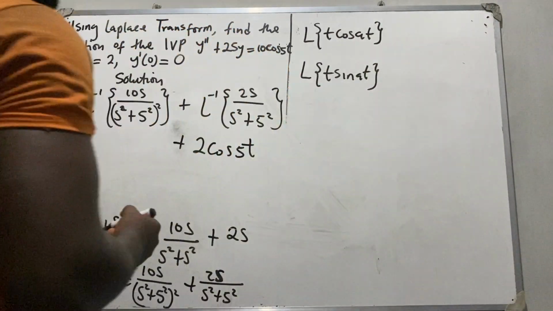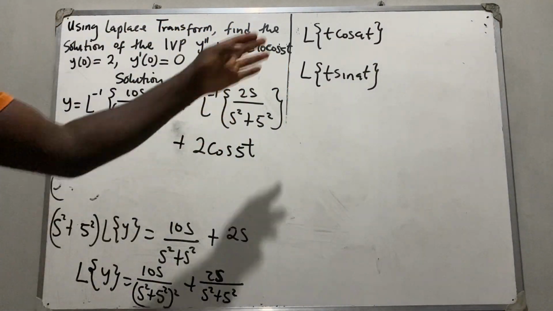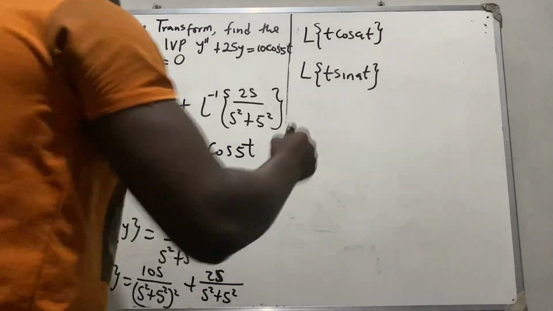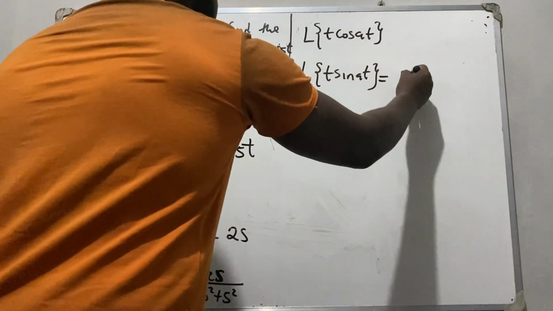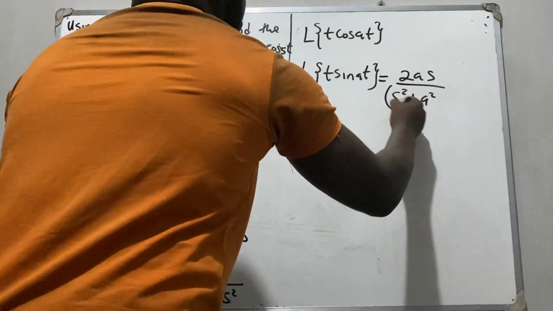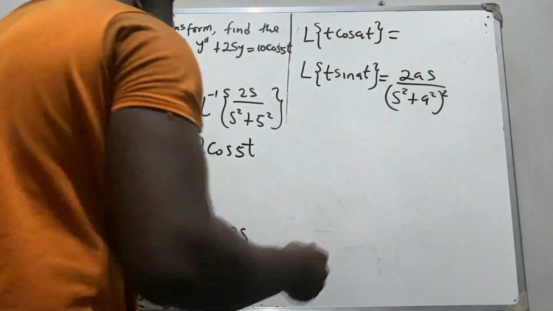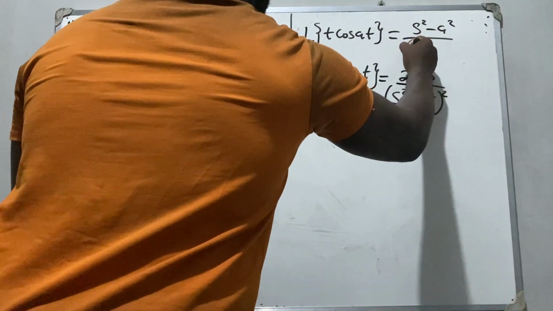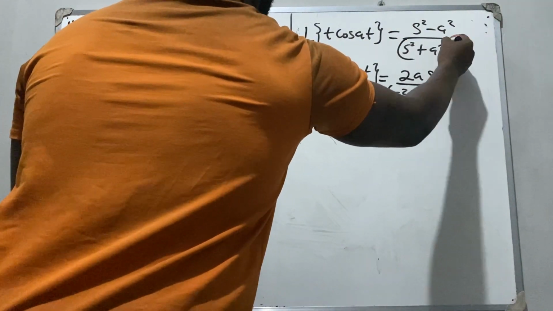We are going to do the proof in our next video. In our next video, I'm going to prove this thing I'm about to write now. So the Laplace transformation of t sine at is equal to 2as all over s squared plus a squared, all squared, while t cos at is given by s squared minus a squared all over s squared plus a squared, all squared.